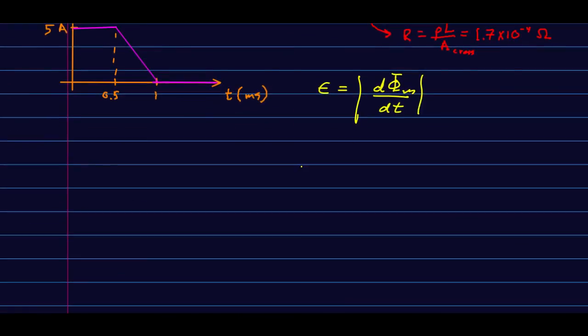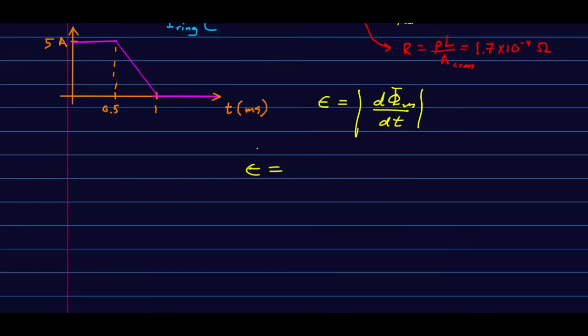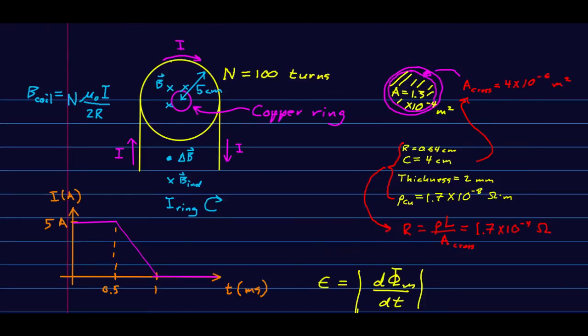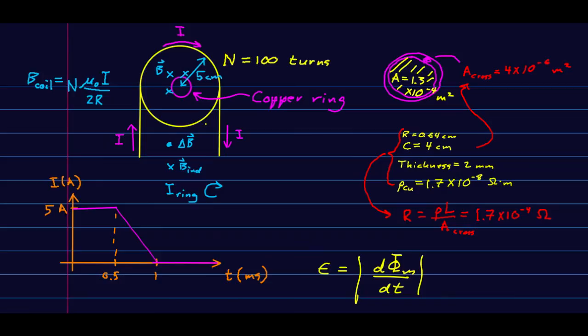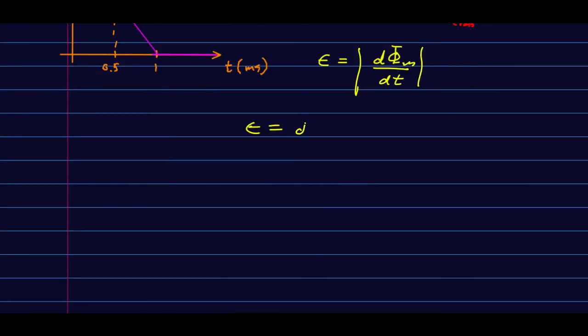So that will be our EMF in the ring due to the change in the B field caused by changing the current in the coil. It is going to be d by dt, and I'm going to drop all signs and absolute values here. I already know the direction, so let's just work in magnitudes. So d by dt of a flux, and so that is BA, right?